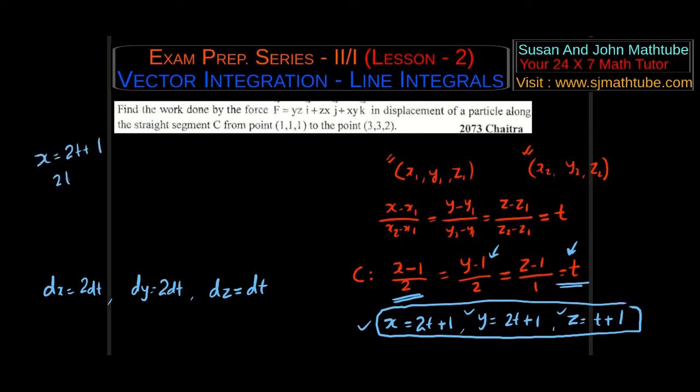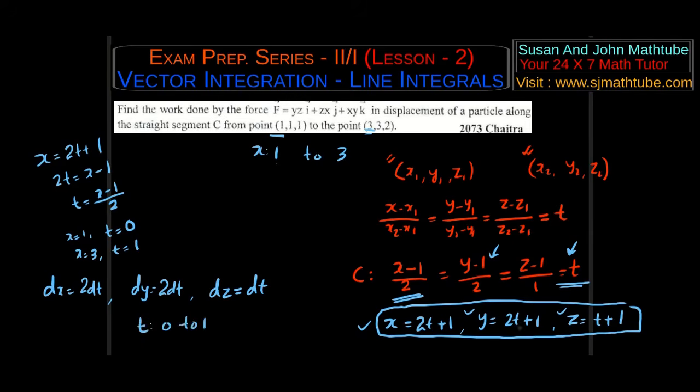That means 2t will be x minus 1 and t will be equal to (x minus 1) by 2. Now, x varies from 1 to 3. So when x is equal to 1, t will be equal to 1 minus 1, that is going to give me 0. And if x is equal to 3, t will be equal to (3 minus 1) by 2, that is 1. That means our t is going to vary from 0 to 1.